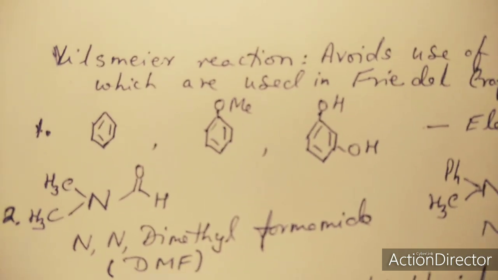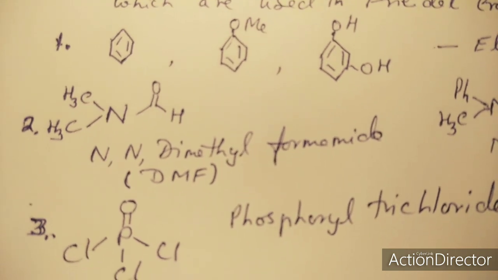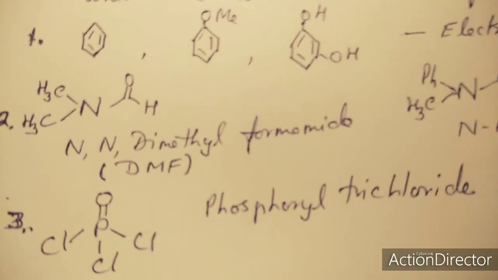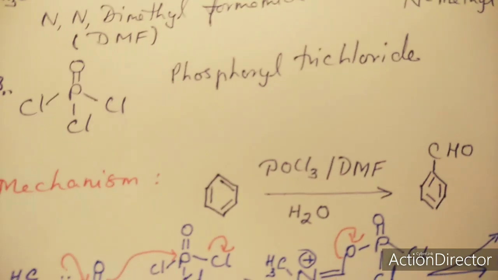Now POCl3, phosphoryl trichloride, is used for the generation of our active species, which we will see is required. So let's see how the mechanism proceeds.